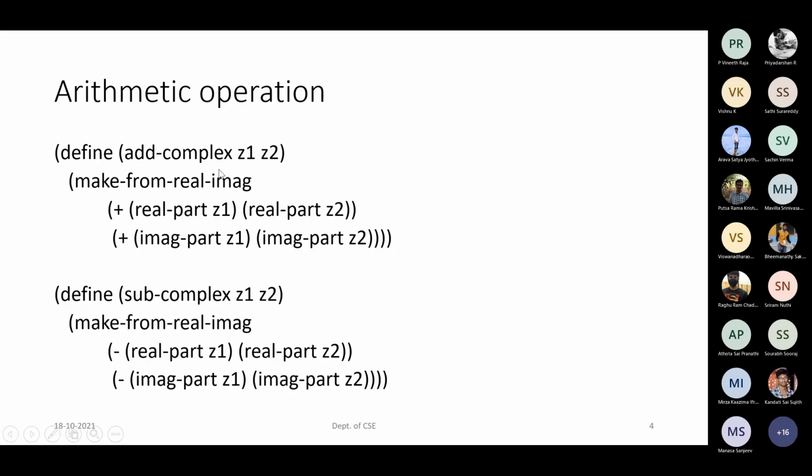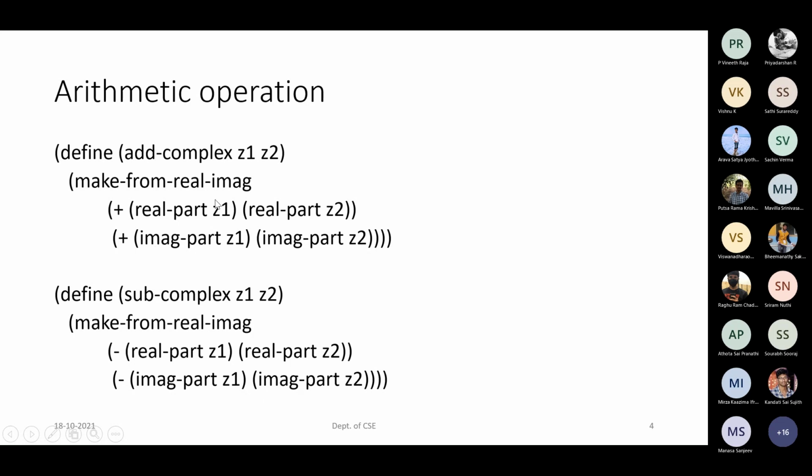If you are using add complex numbers Z1 and Z2 or subtract complex numbers Z1 and Z2, we were directly using the real part of the first complex number, adding it with the real part of the second complex number. Similarly, adding the imaginary part of the first complex number with the imaginary part of the second complex number. Like this, we have defined it.